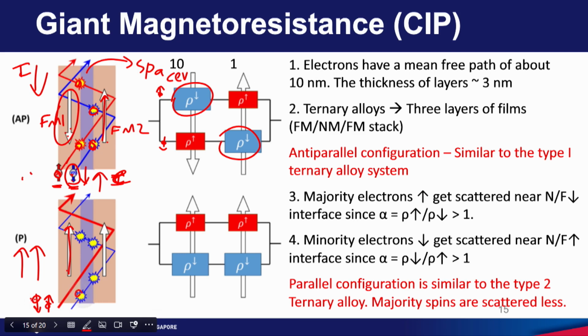So, the blue electron will be scattered at both interfaces. So, in the second case, the spin up electron has very low resistance, whereas the spin down electron has a very large resistance. It is because of this reason that when the magnetization of the two ferromagnetic layers in GMR are parallel, you have low resistance, and when the magnetization of the two layers are anti-parallel, you have high resistance.